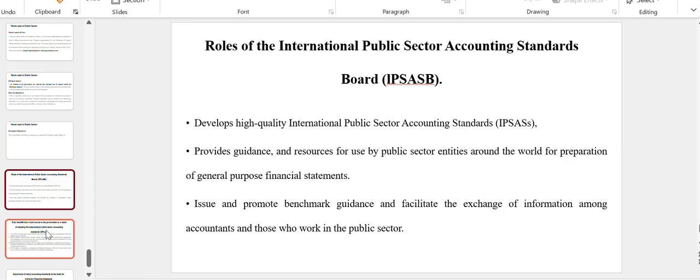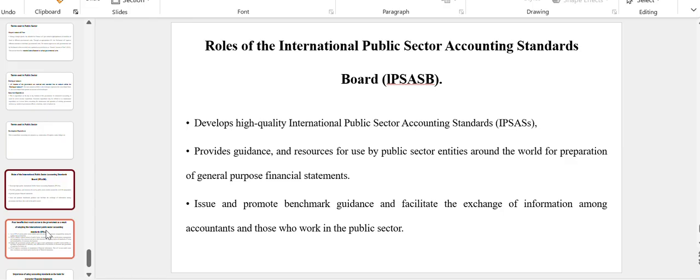So what is the role of IPSASB? Already I have mentioned to you that one is to develop high quality IPSAS. Number two, this board is also responsible when it comes to providing guidance.